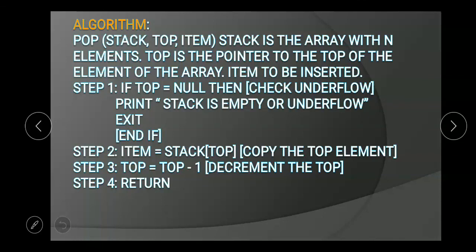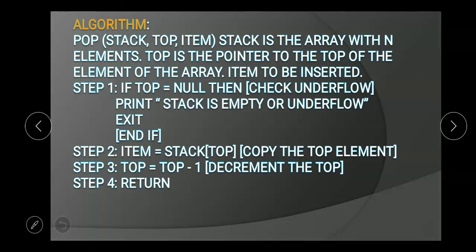Algorithm: pop of stack, top, item. Here stack is the array with n elements, top is the pointer to the top element of the array, and item is the item to be deleted. Step 1: if top is equal to null, then we have to check whether the stack is in the underflow condition.